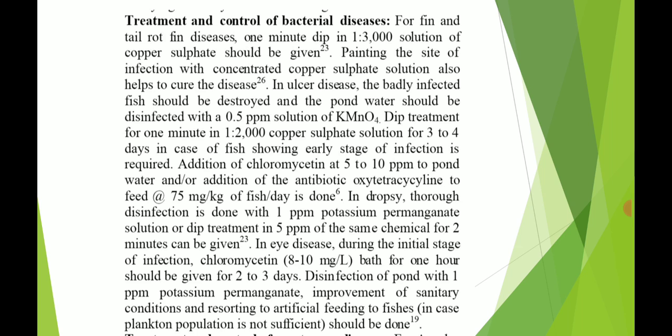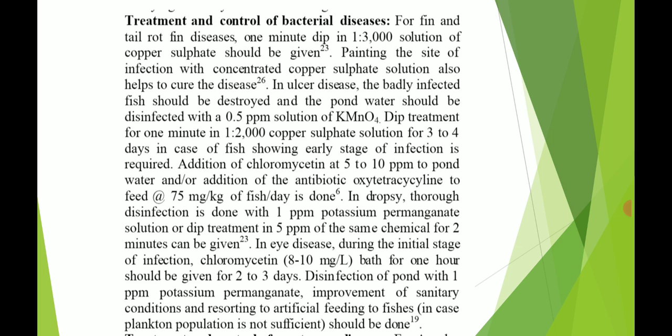Disinfection of the pond with 1 ppm potassium permanganate. Improvement of the sanitary conditions and resorting to artificial feeding of the fishes, in case the plankton population is not sufficient, should be done.